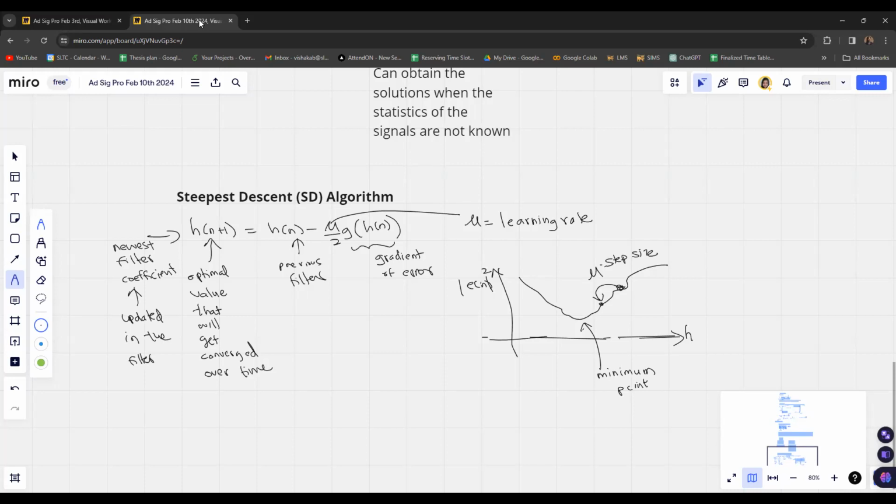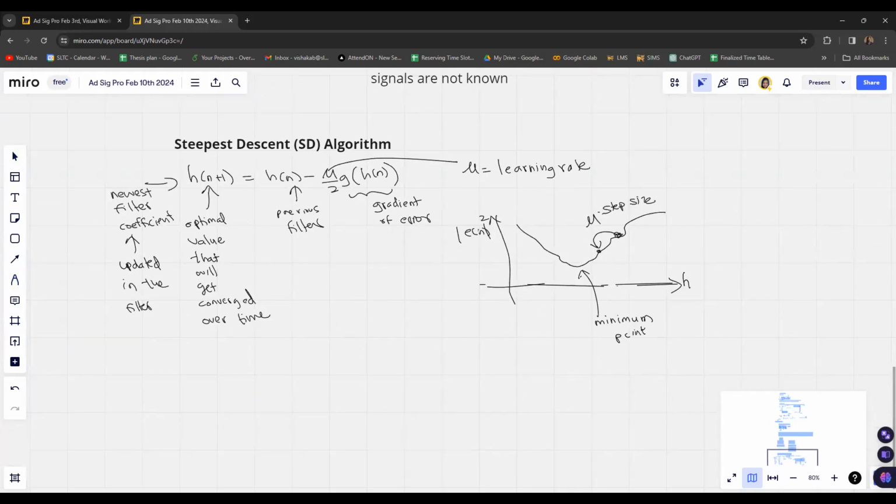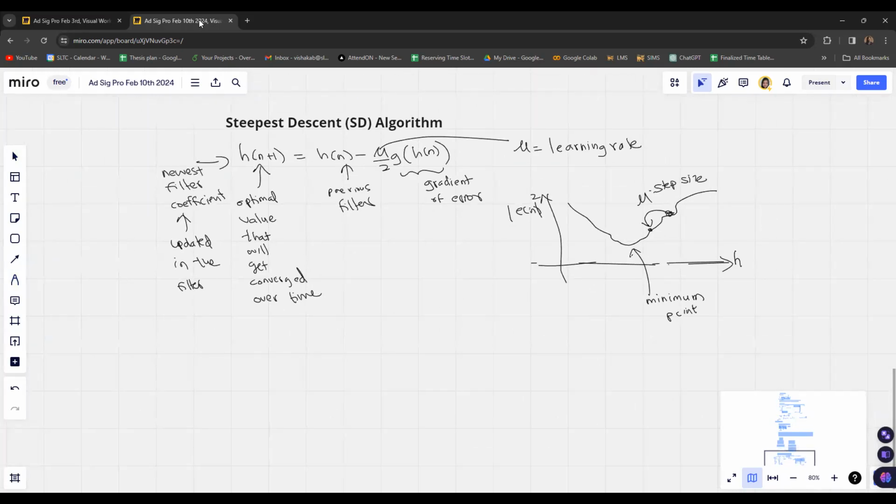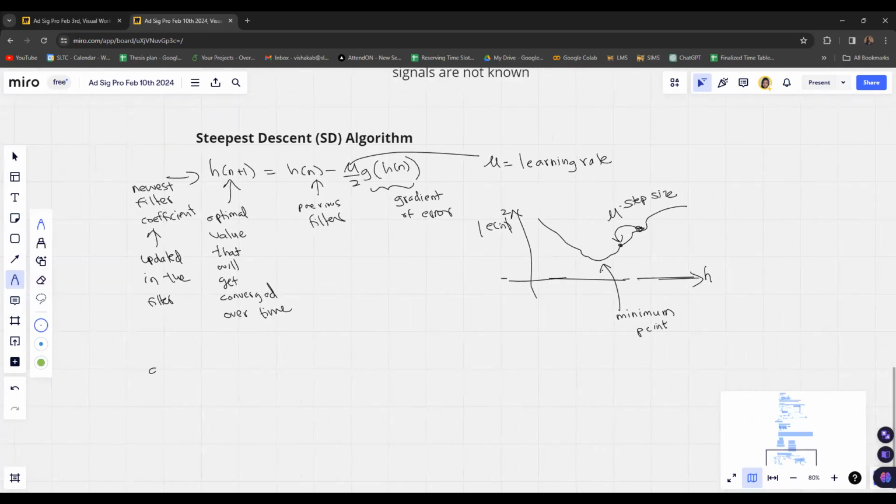This is the equation for that, and we can expand this G(h(n)) expression. So this is the gradient expression.